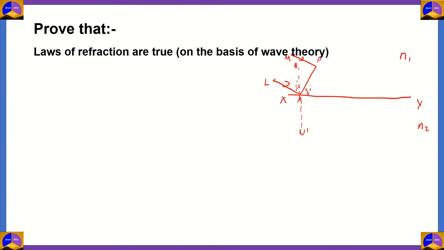And now on refraction, forming a wave L dash, you will notice that there will be an angle of refraction here, say R. Now, as the first part of the wavefront refracts, the wavefront is still propagating. So until the wave M reaches the interface, the wavefront will just keep on moving.